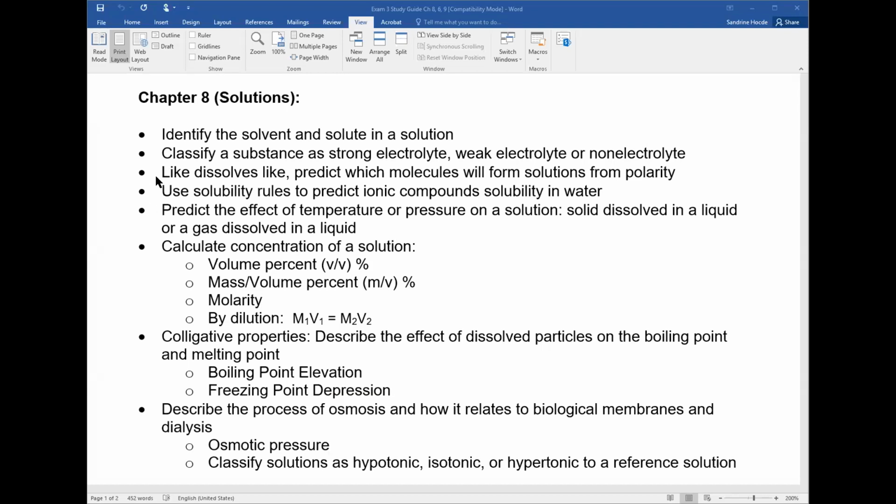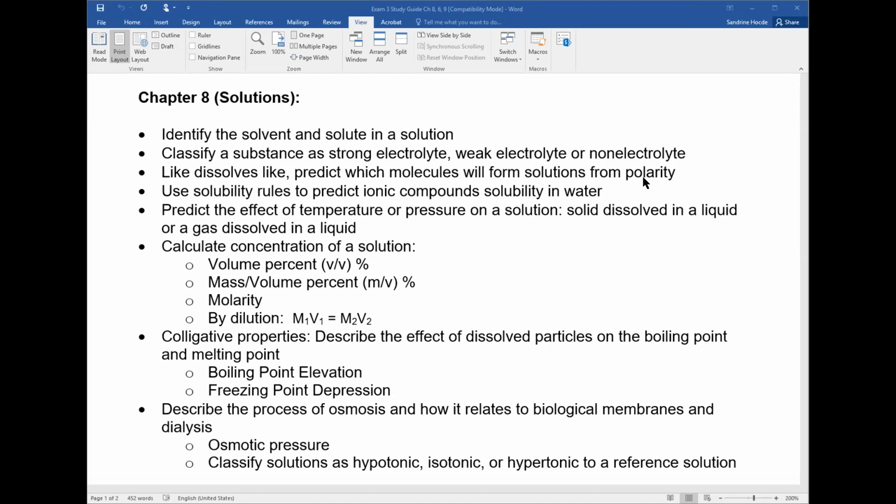So next, like dissolves like. This is an important solubility rule, a general rule. When you're looking at all kinds of substances, covalent, ionic, it allows you to predict which molecules will form solutions using the polarity of the molecule.